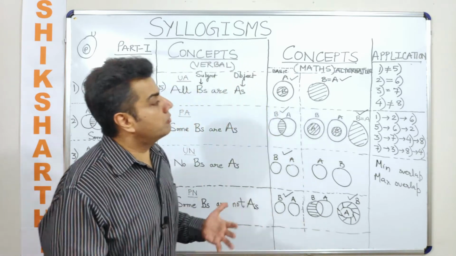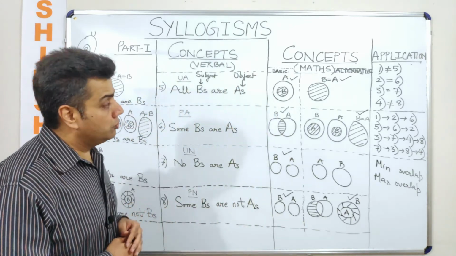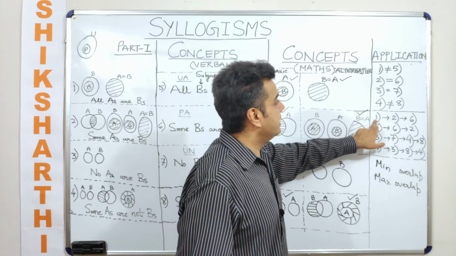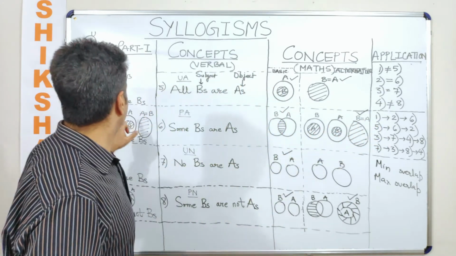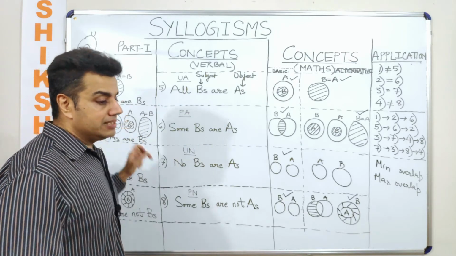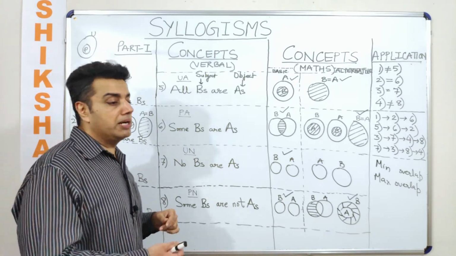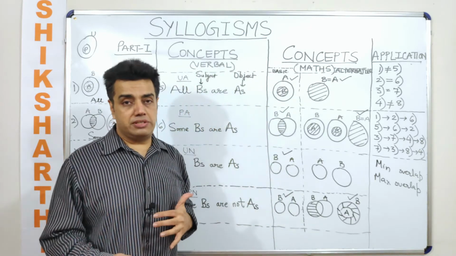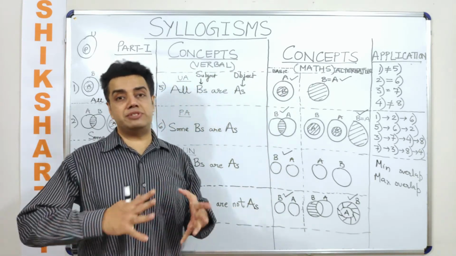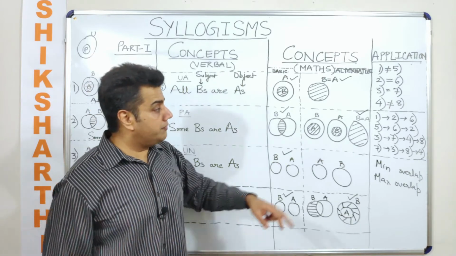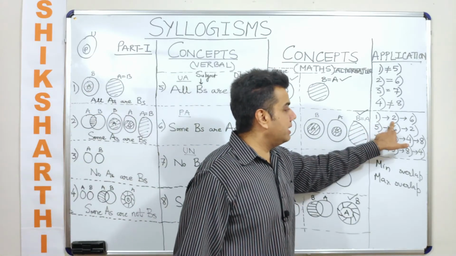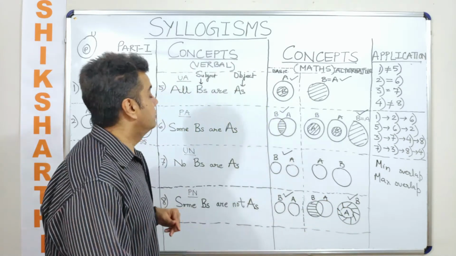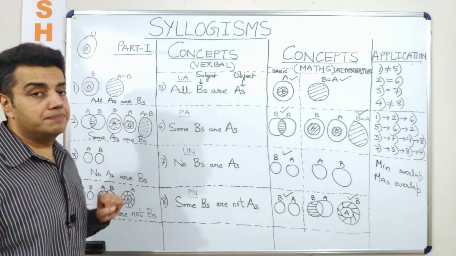Okay, taking it forward now. Which is the next level? Next level is again the application level. In the first part of the syllogisms, we talked about all A's are B's, and we also talked about some being a subset of all. So if I am saying all A's are B's, it concludes that some A's are B's.